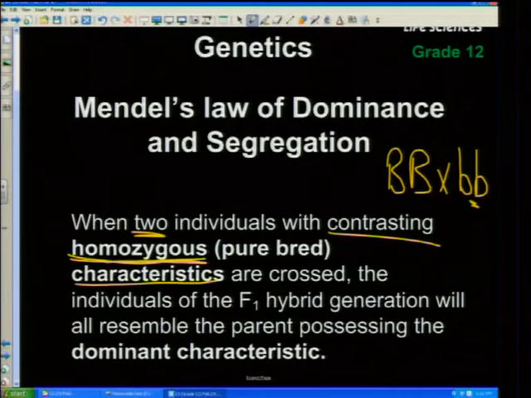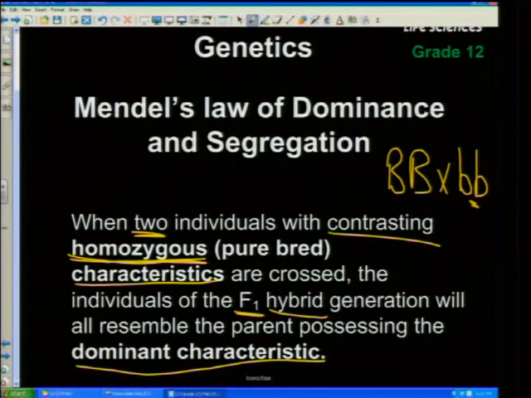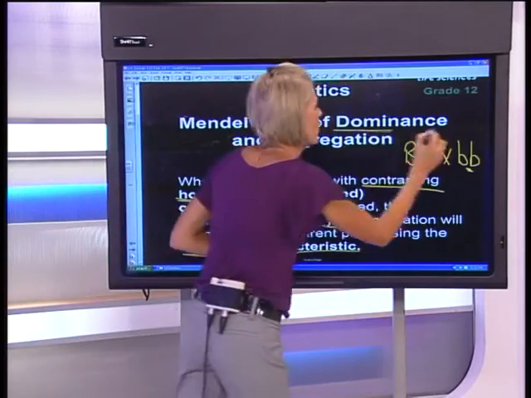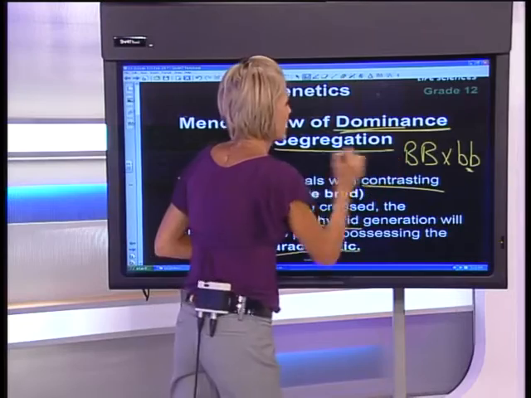The individuals of the F1, that's the first family generation, hybrid, because they're a mixture of the 2 parents, will all resemble the parent possessing the dominant characteristic. Because it is, people look here, the law of dominance and segregation.